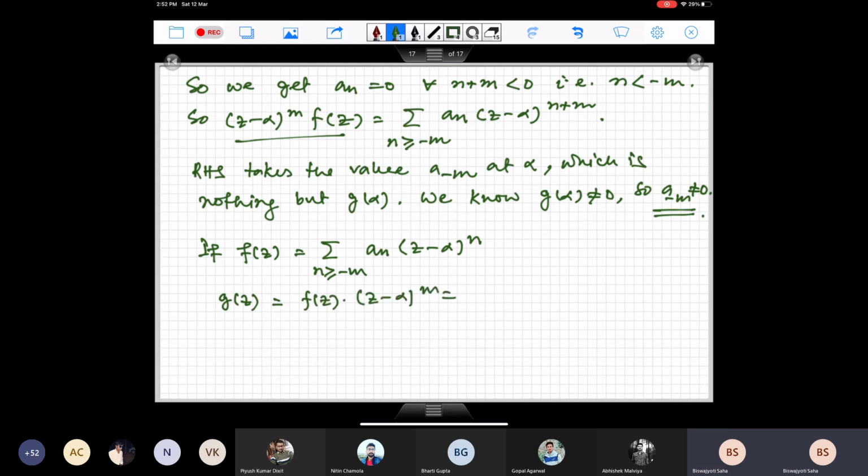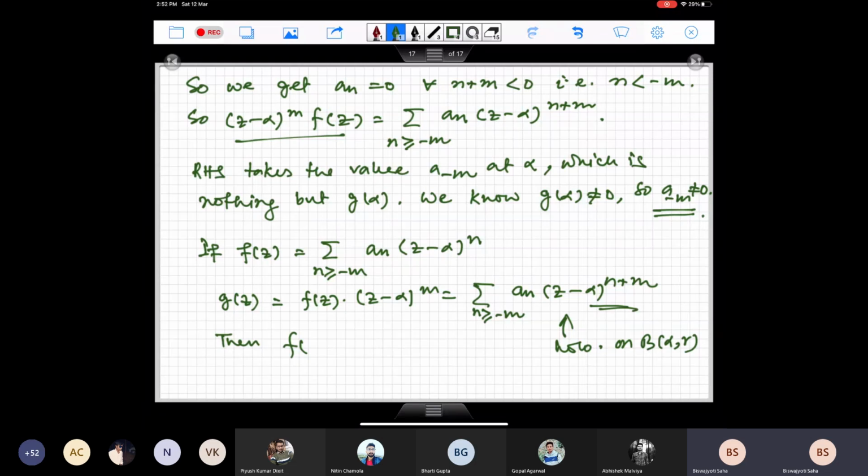Then g(z) becomes, at least in a deleted neighborhood, the sum over n greater than or equal to minus m of a_n (z minus alpha) power n plus m. And this is holomorphic on B(alpha, r), because this is given by a power series which is convergent.